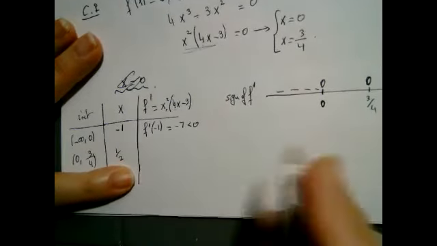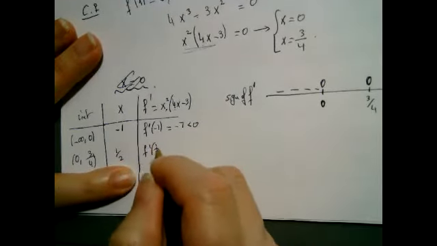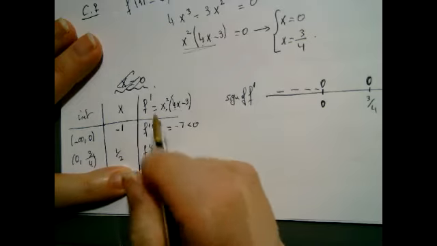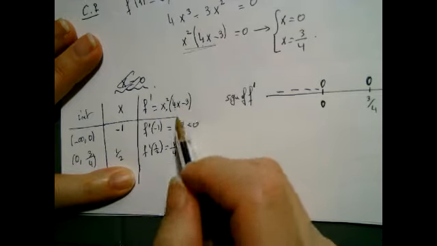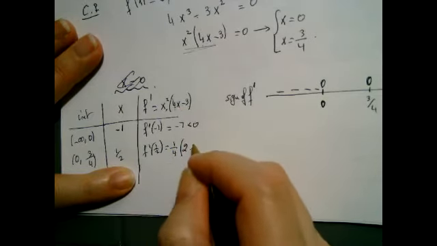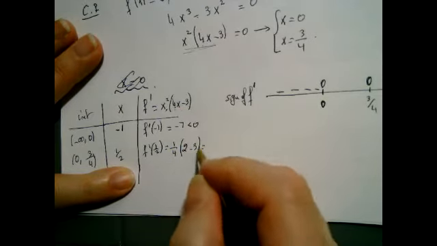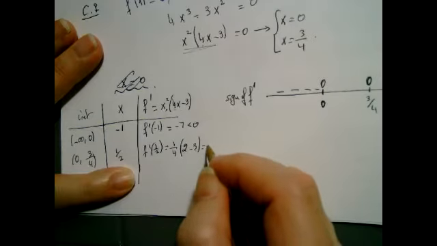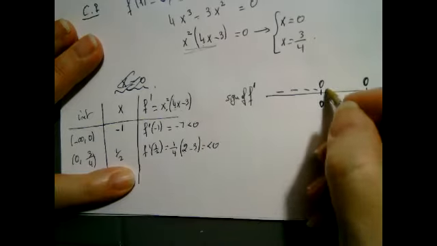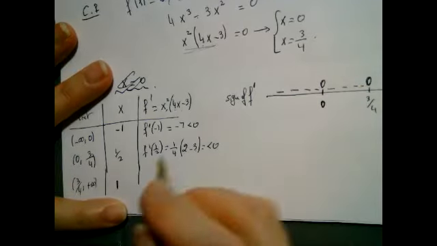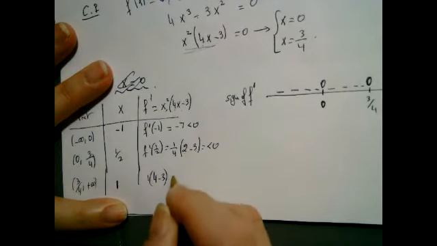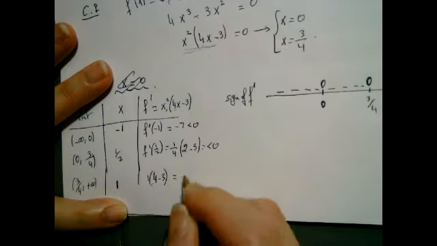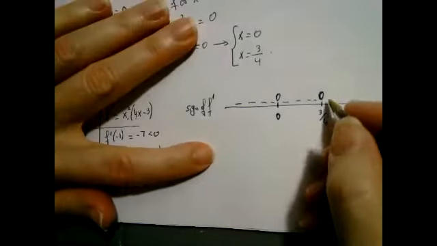Okay, at a half, I'm going to have 1/4 times 4 times a half, it's a 2, -3. So that's -1/4, that's negative. And at 1, I will have 4 minus 3, which is 1. That's positive.